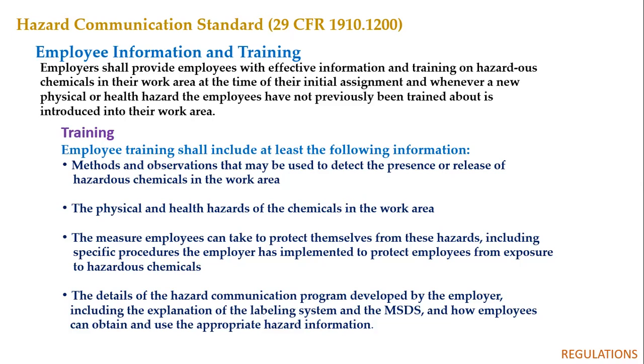So the employees should be trained about it, and the details of the hazard communication program developed by the employer, which includes the labeling system and the material safety data sheet. So the training on the labeling and on the material safety data sheet, so that the employees can effectively use all this hazard information.